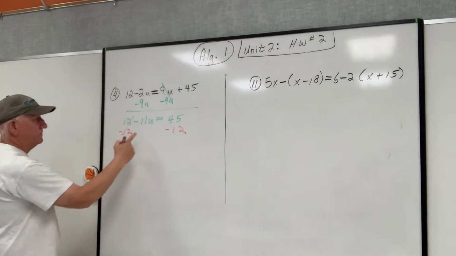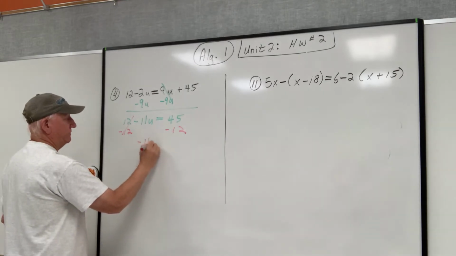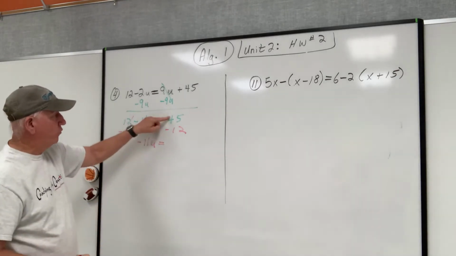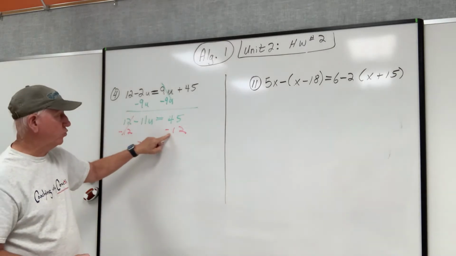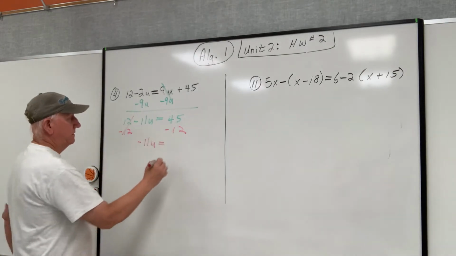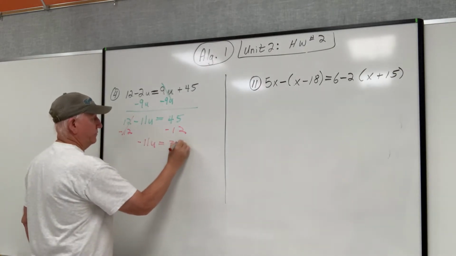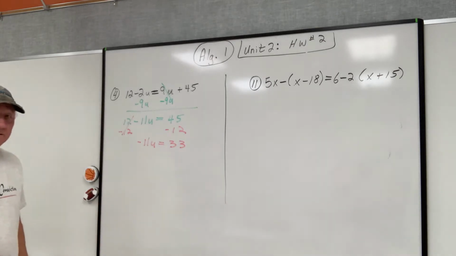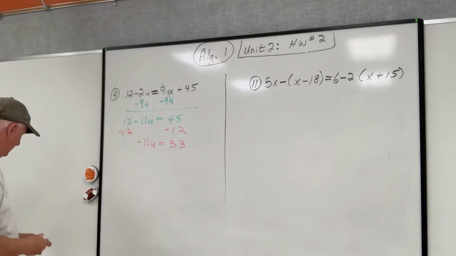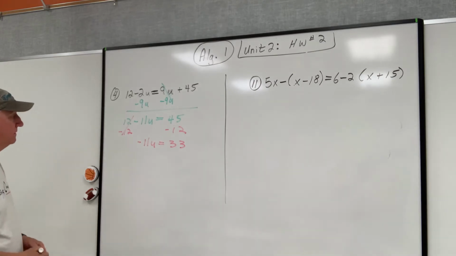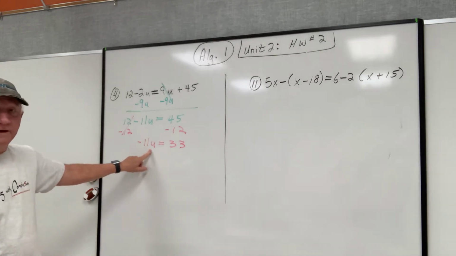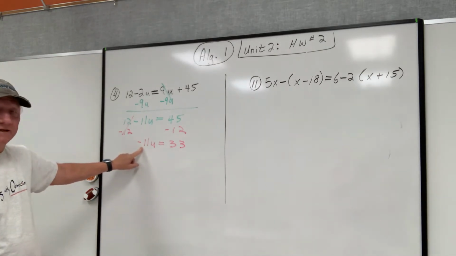And so that leaves me a negative 11u equals, and then 45 minus 12 is going to be 33. And then, remember, my u, I want it by myself, so I've got to get rid of the negative 11.